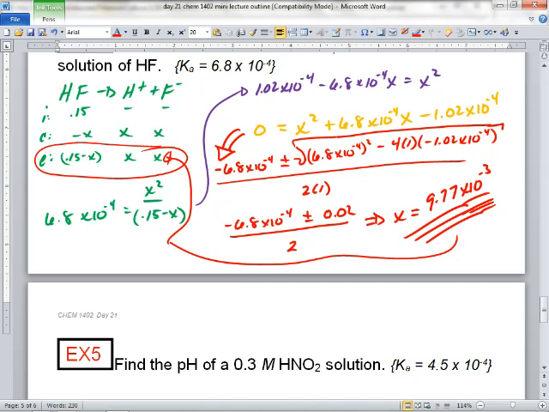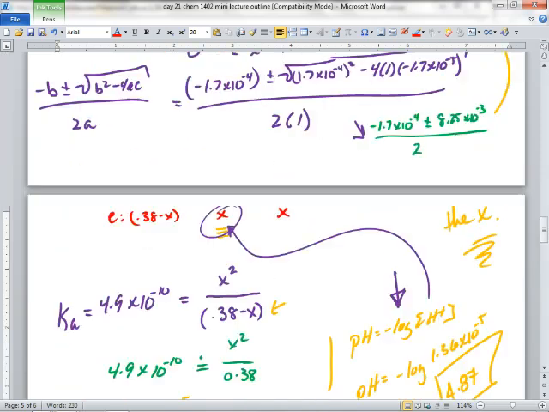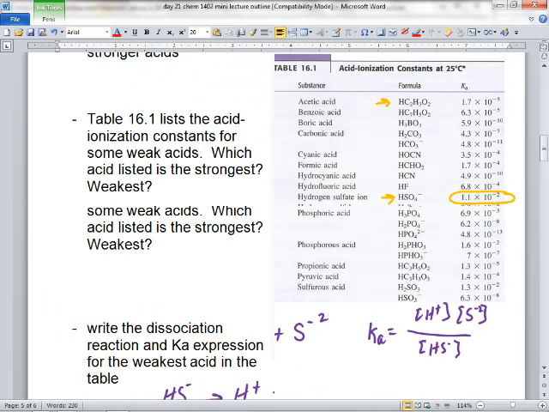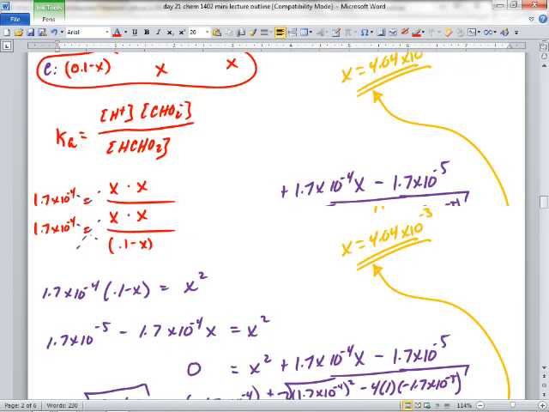You want to make that last one an easy one? Do that. Change it to, what was an easy one? Yeah, let's do boric acid. 5.9 times 10 to the negative 10.